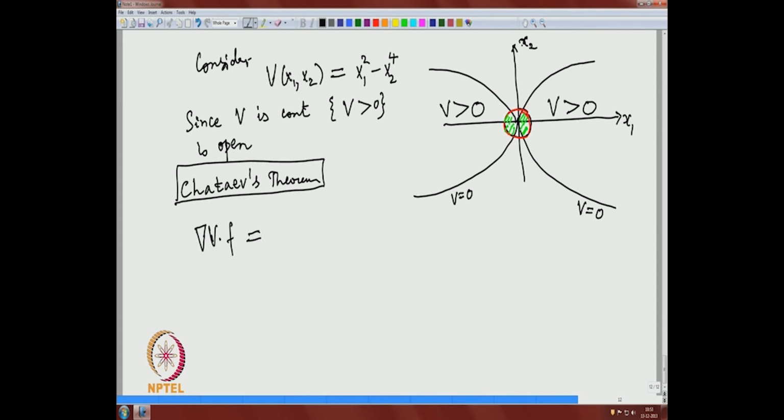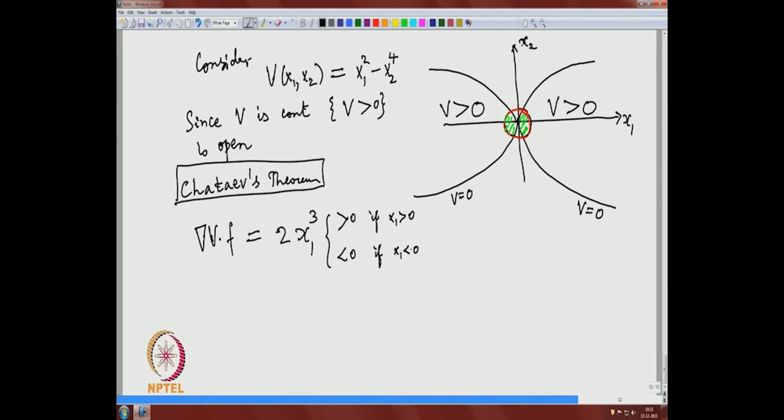A simple calculation shows that it is 2 x1 cubed, which is positive for x1 positive. So, this whole thing is positive if x1 is positive, and negative if x1 is negative.